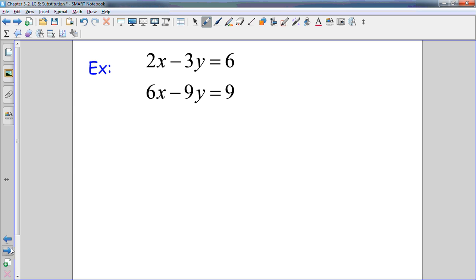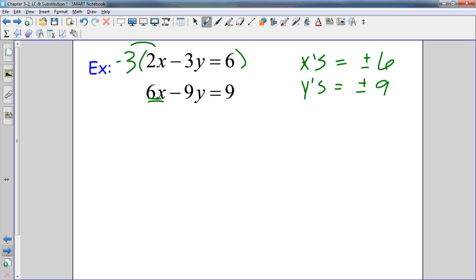Okay, least common multiple of my x's, least common multiple of my y's. X is plus or minus 6, that's what I'm aiming for. Okay, y's plus or minus 9. So in this case, I'm just going to multiply the top one by negative 3, if I want to get this plus or minus 6. This is already positive, so just multiply it by negative 3.